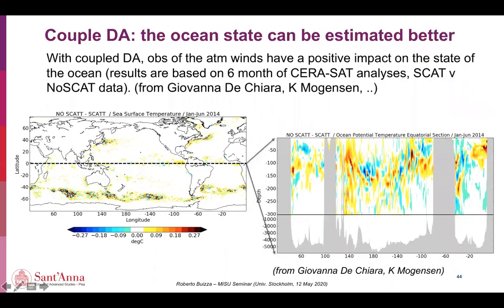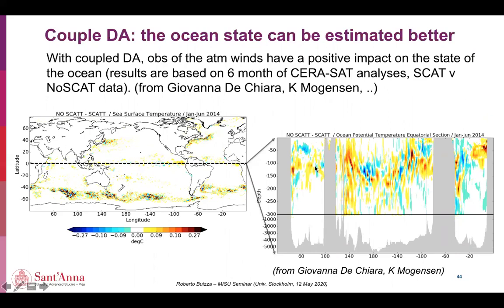Furthermore, if you have a coupled DA, you can use information, for example, from the atmosphere. And these are results from Giovanna De Chiara and Christian Mogensen. You can use data from the surface of the ocean or from the atmosphere to estimate the state of the ocean.